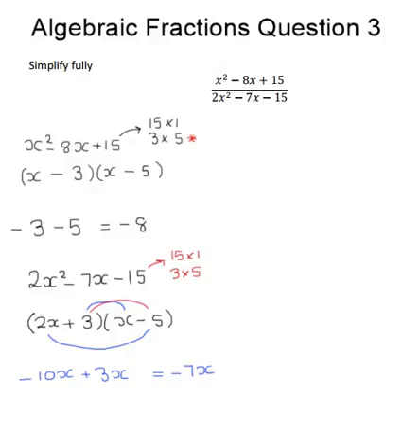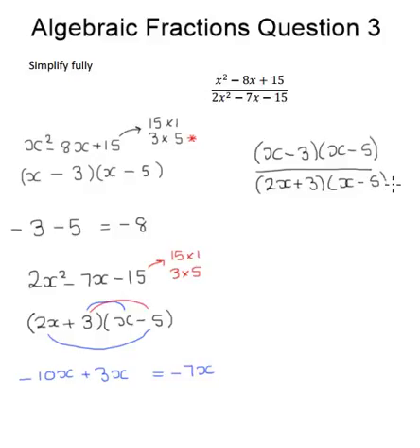Now I've factorised both the top and the bottom of these equations. The last thing I need to do is just write them out again. So on top, we're going to have x minus 3, x minus 5. And then on the bottom, we're going to have 2x plus 3 and x minus 5.